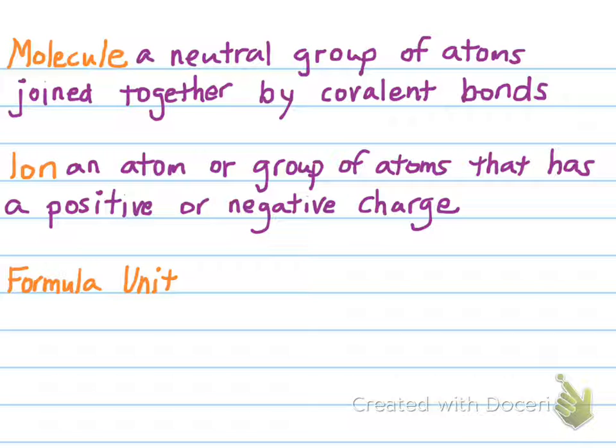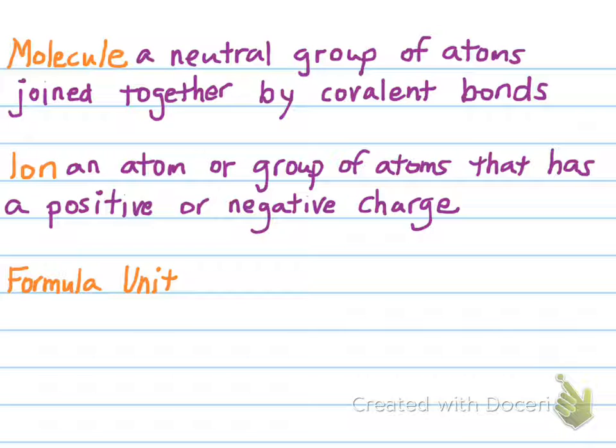Those charges relate to getting an octet, to being like a noble gas. So they either lose valence electrons to become positively charged or gain valence electrons to become negatively charged.